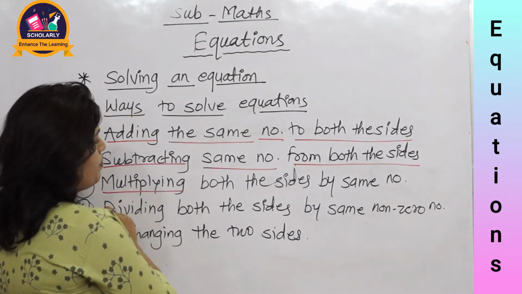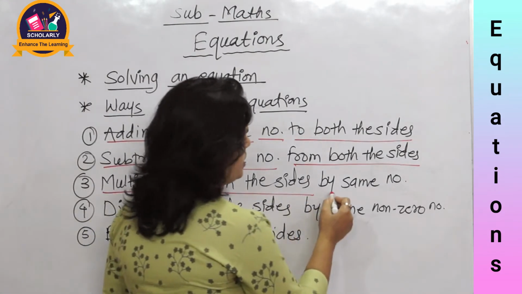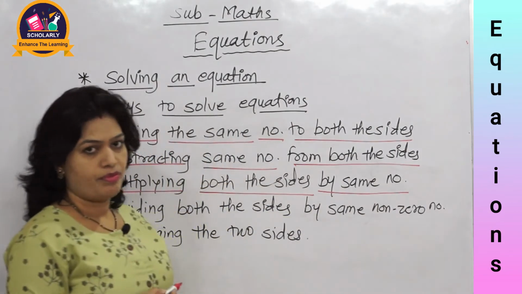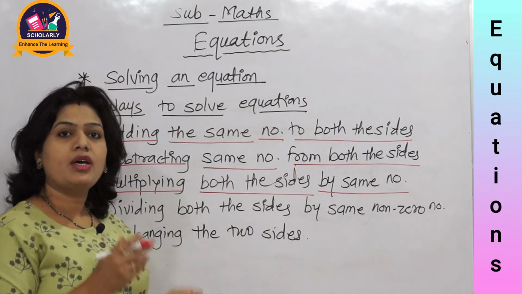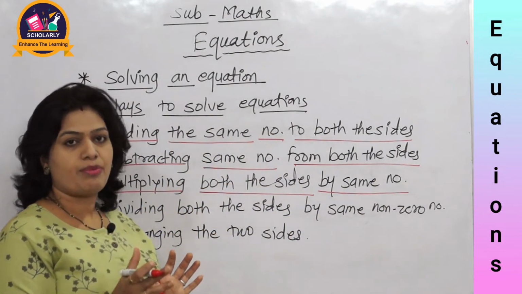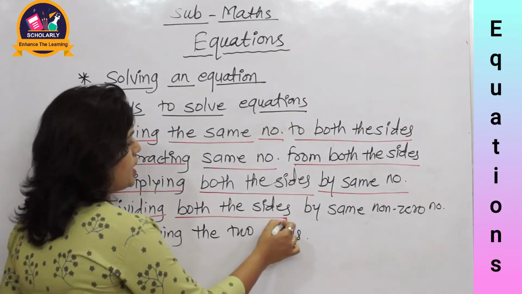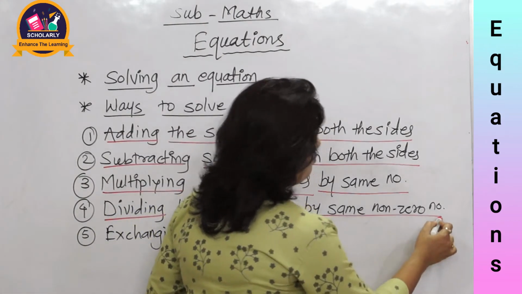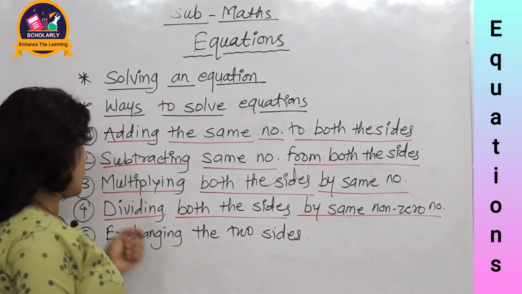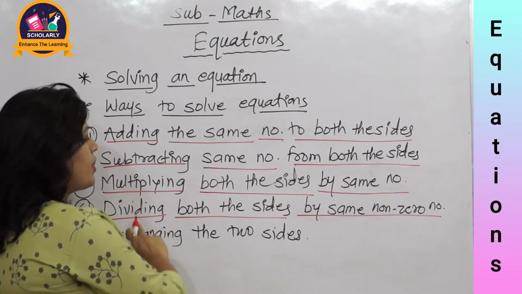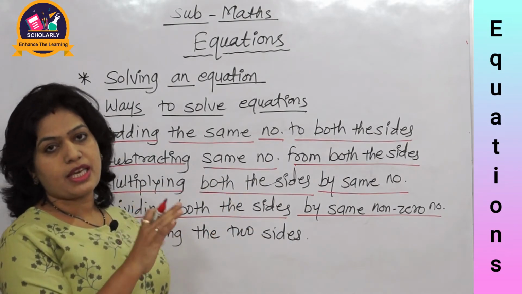Third one is multiplying both the sides by the same number. We can multiply both the sides of the equation with the same number. Fourth one is dividing both the sides by the same non-zero number.